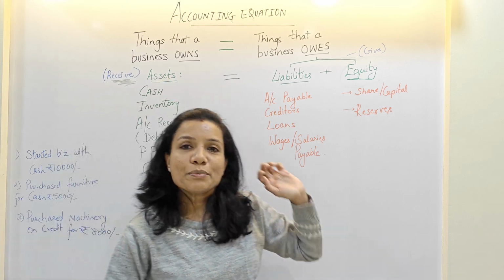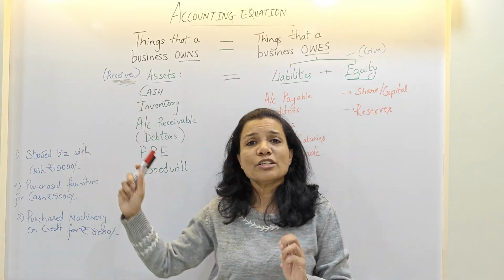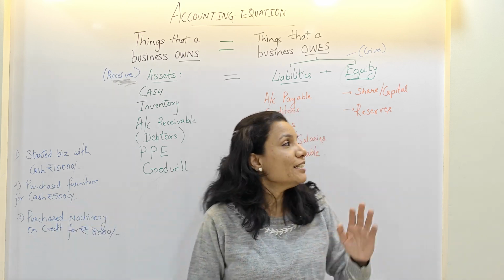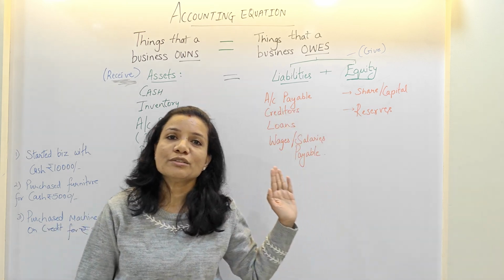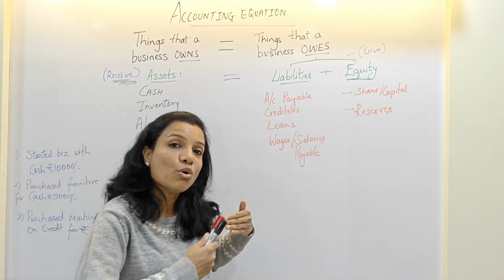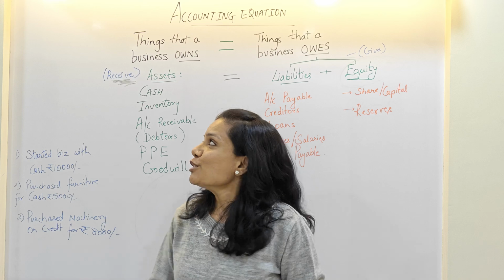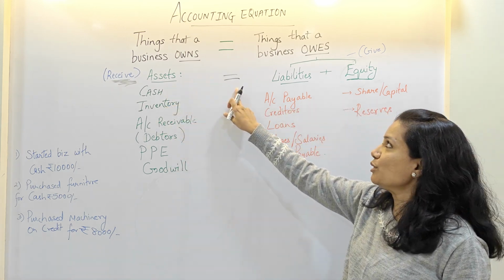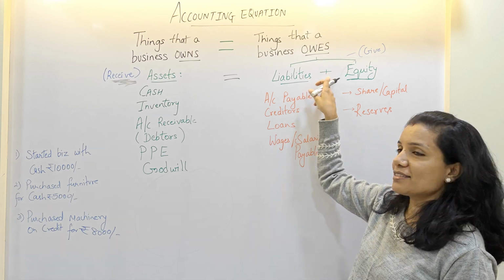So the left side represents some kind of monetary value or economic benefit the business will receive. This side represents some kind of monetary value or economic benefit that the business has to give or that will go out of the business. So the accounting equation says assets equals liabilities plus equity.